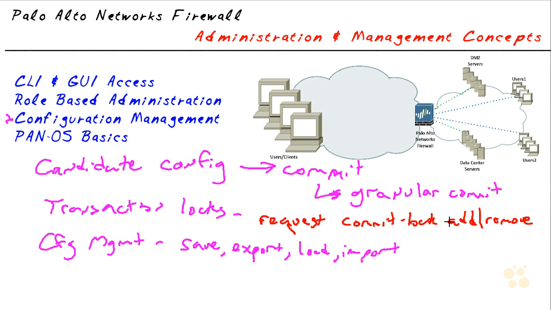So we can bring these things in here, we can merge them, we can load them in there as far as overriding stuff, do all sorts of different things. One of the other cool parts, especially when I look at my save function, so saving different versions of the config locally, is that I can also do what we call a config audit. So this would be on the device tab of my GUI.